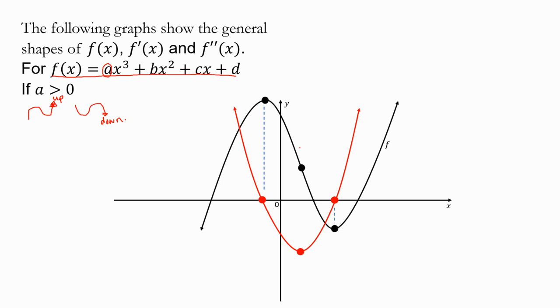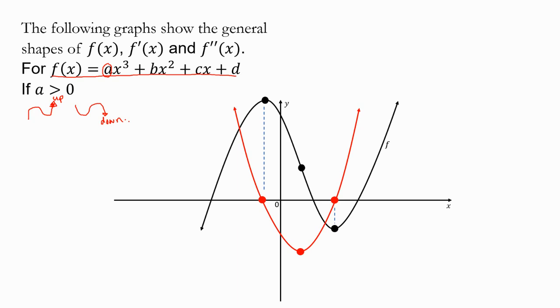And the x coordinate of the point of inflection is equal to the x coordinate of the turning point of the first derivative graph. And if a, the coefficient of x cubed, is greater than 0, the first derivative graph is concave up.